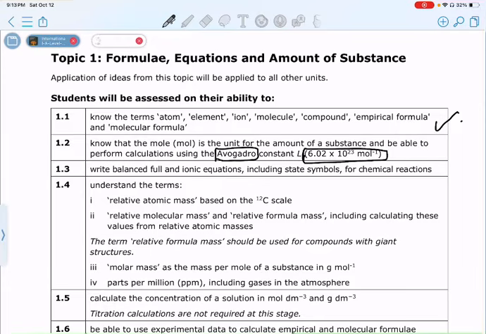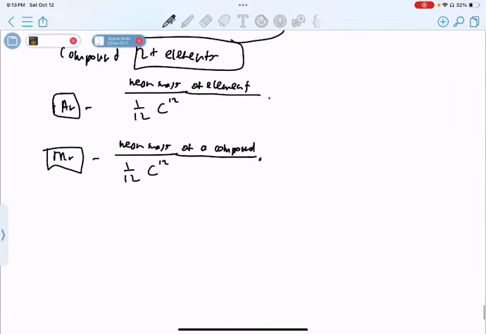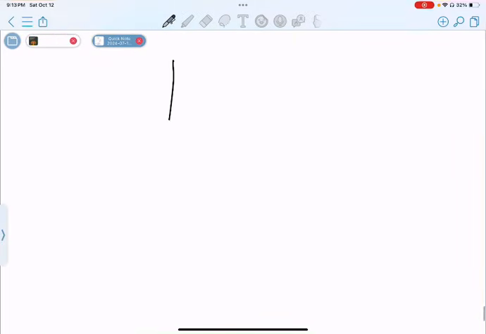So, let's say you have a small mass on a table of magnesium, okay?